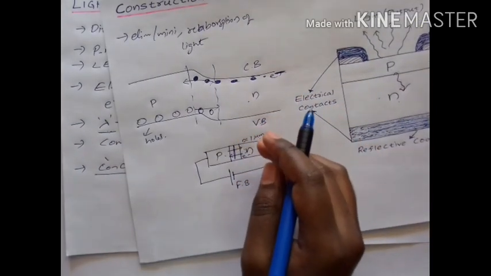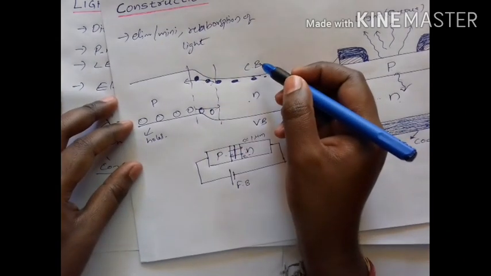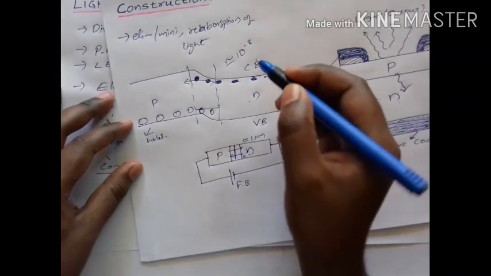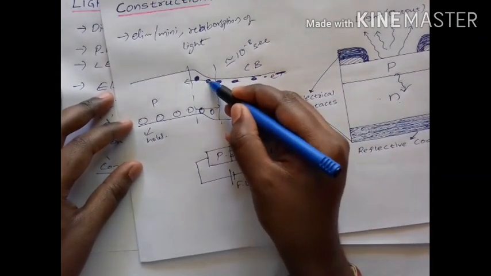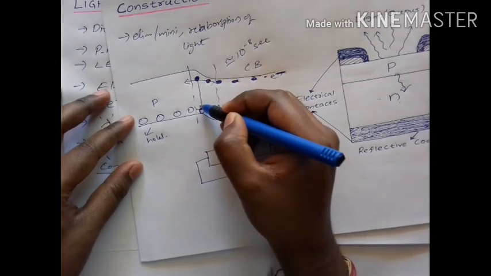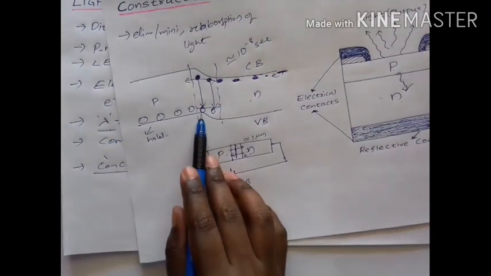And from the topic of recombination, after spending some period of time, that is its lifetime, the charge carriers will de-excite. So these electrons will de-excite and occupy the holes.